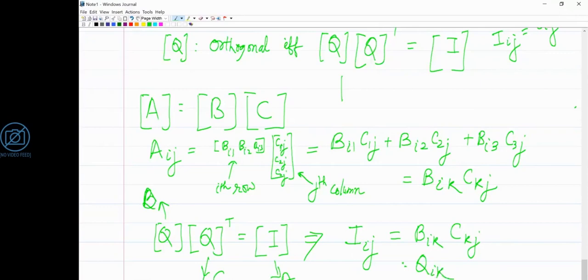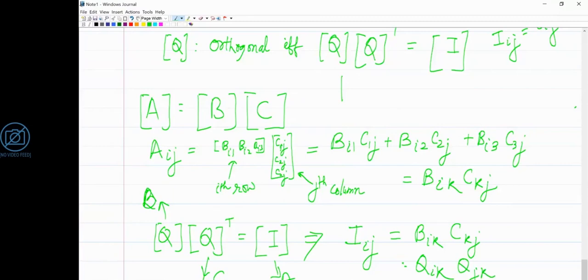Now B is the same as Q, so this becomes Qik. But C is equal to Q transpose, so what will be Ckj? Ckj will be equal to Qjk.